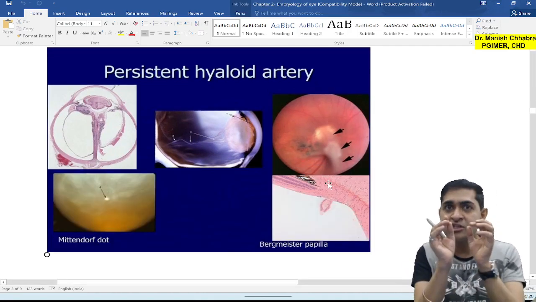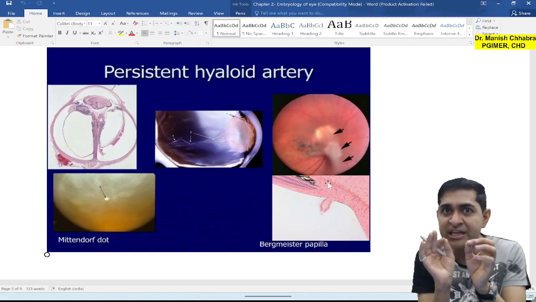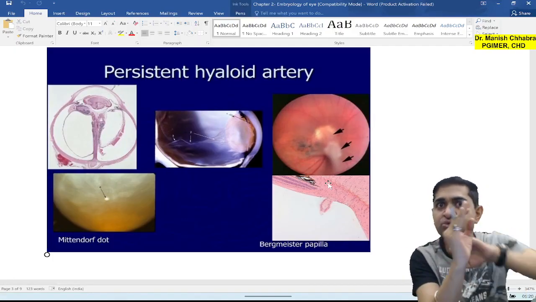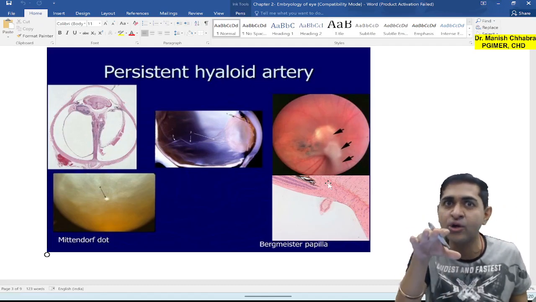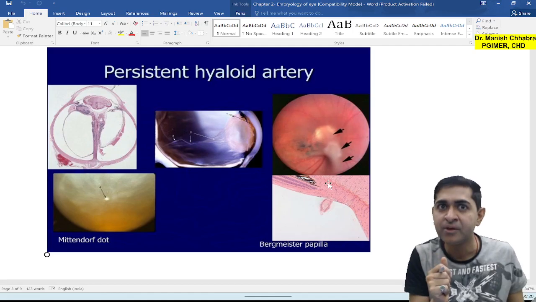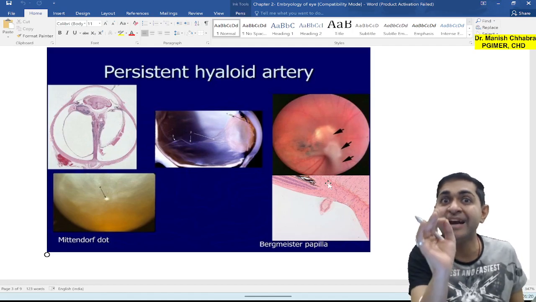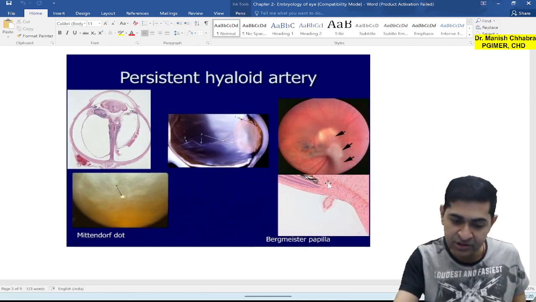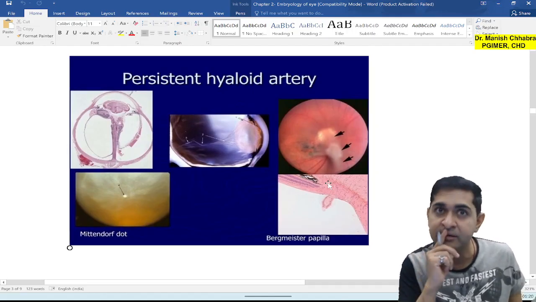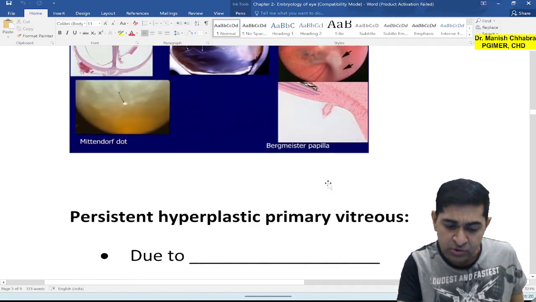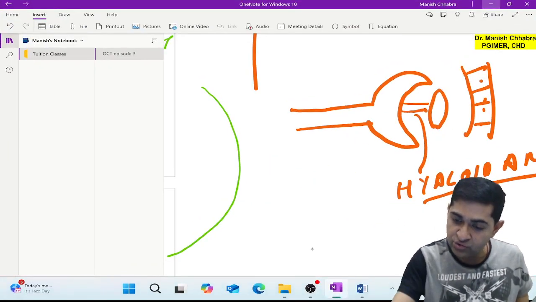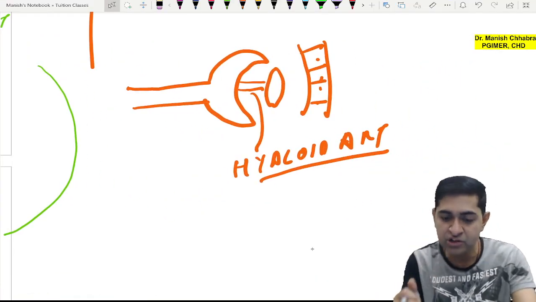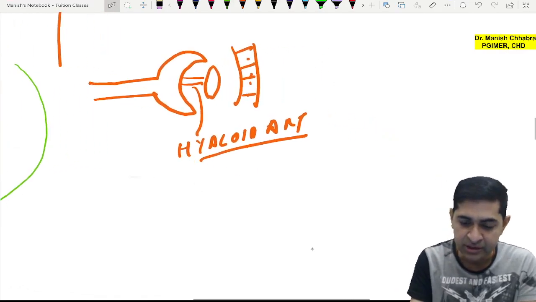If the small part which is inserted posterior to the lens is left, and the rest of the entire hyaloid artery is resorbed, that is your Mittendorf dot. I think you can appreciate Mittendorf dot. Okay, so these are the features that you see. Now once we have understood it, let's revise it while writing.